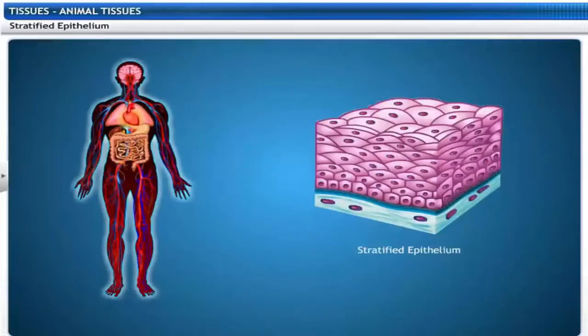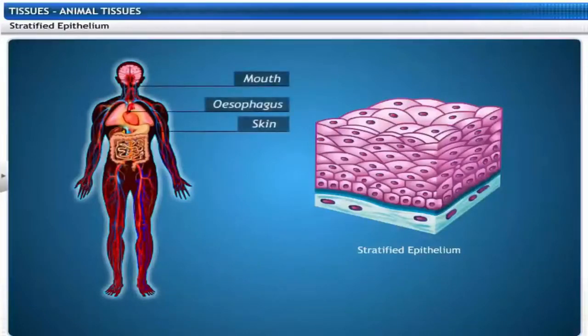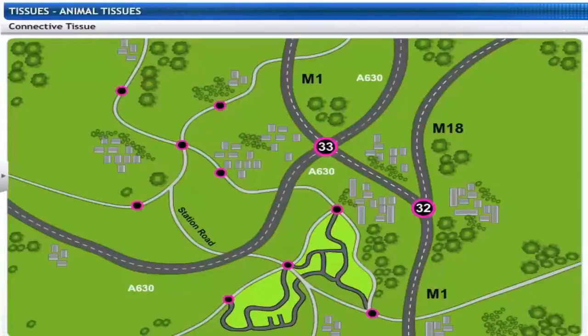Blood is a type of fluid connective tissue. Blood has a straw-colored liquid called plasma which contains water, proteins, salts and hormones.